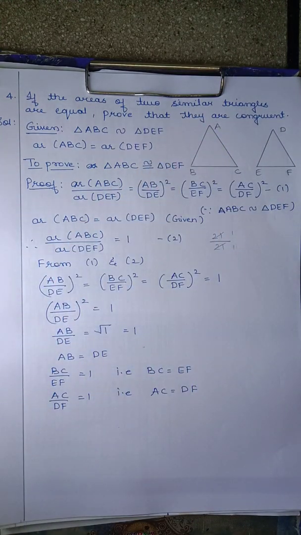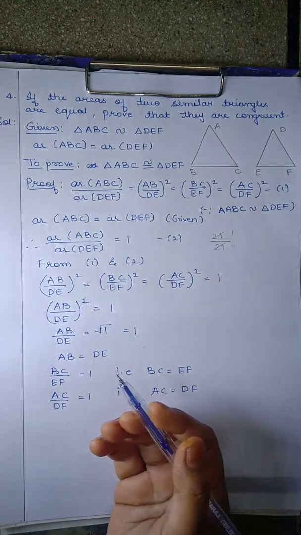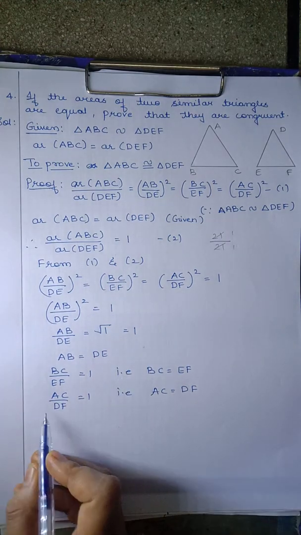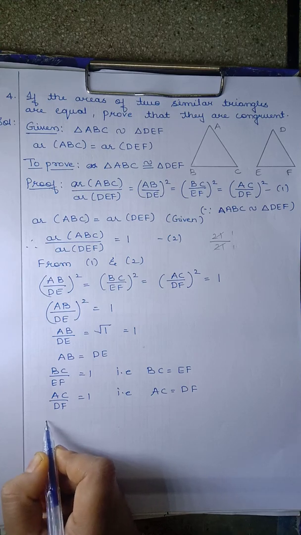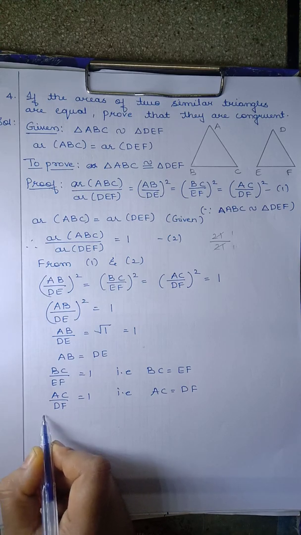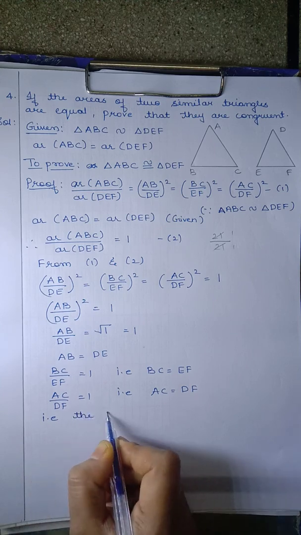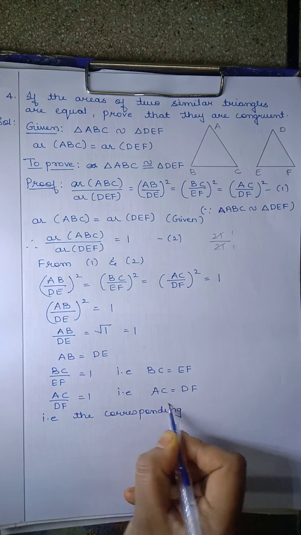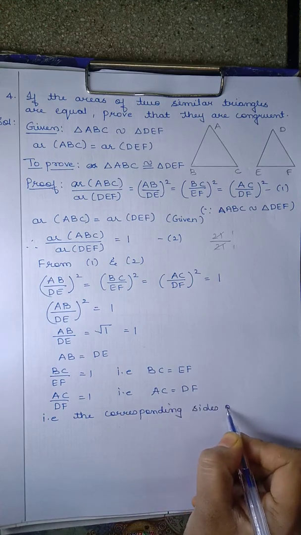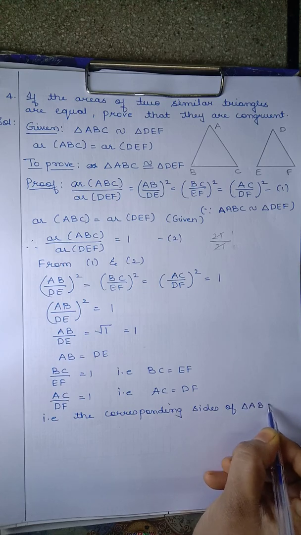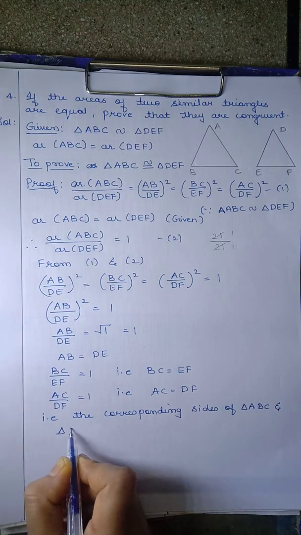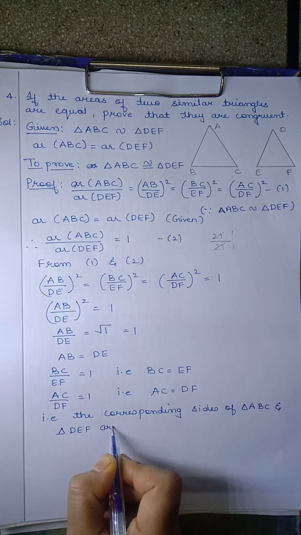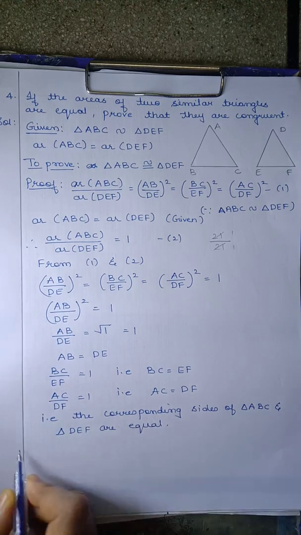So when all the three corresponding sides are equal, the two triangles become congruent to each other by which postulate? By SSS. Okay, so write: the corresponding sides of triangle ABC and triangle DEF are equal.